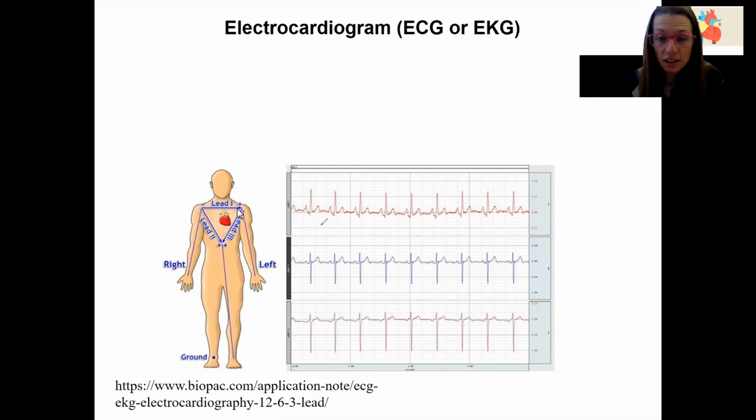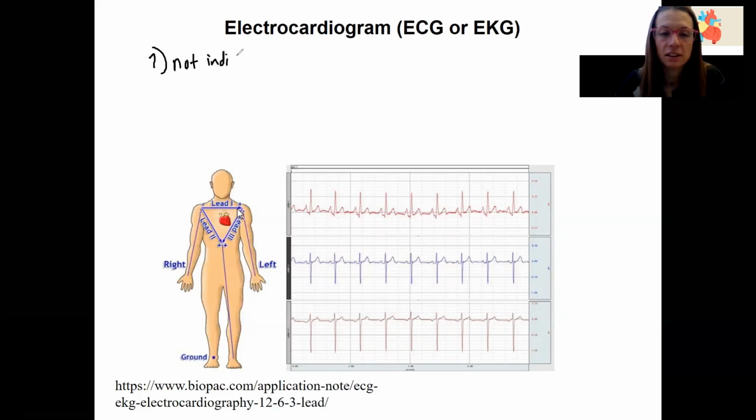So you may have seen something like this. This is showing these traces here that correspond to electrical activity of the heart. And so I want to start with a couple really important things about the EKG before we dive into the components of it. One is that it's not a measure of individual action potentials.